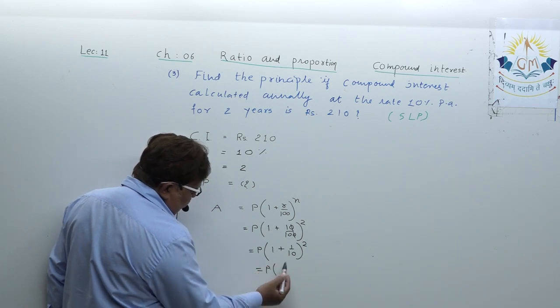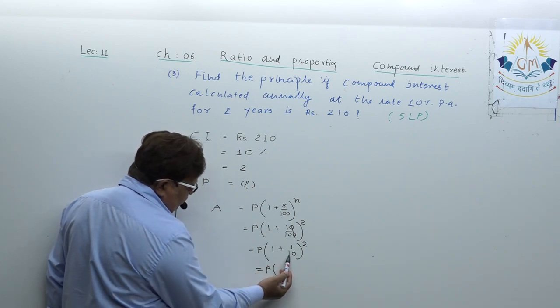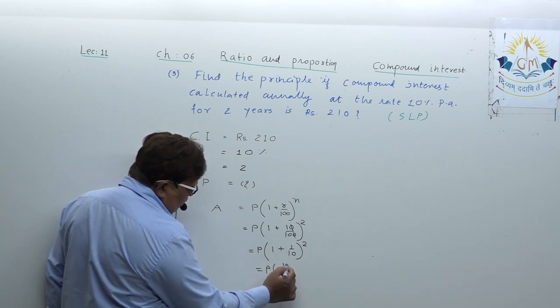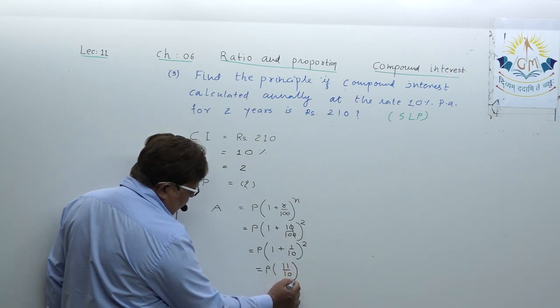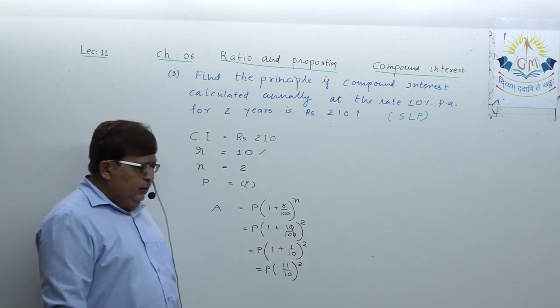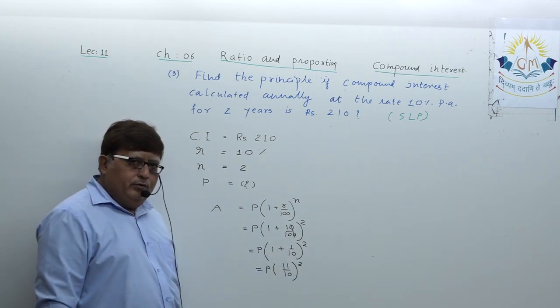Taking LCM, 10 is the LCM, 10 plus 1, 11 upon 10 raised to 2. The second step is over.